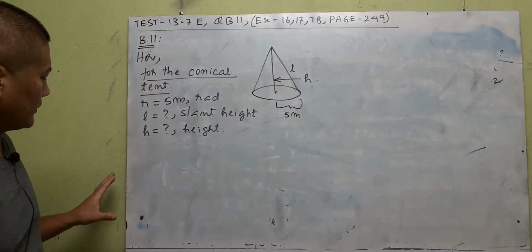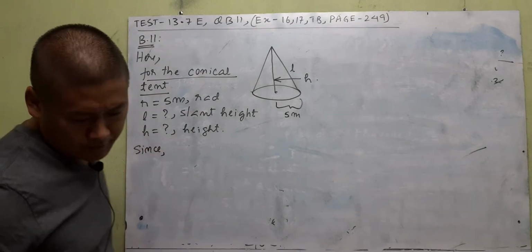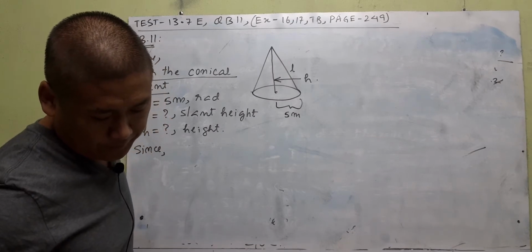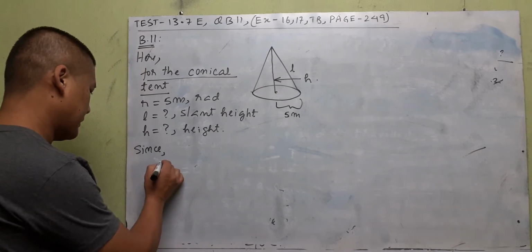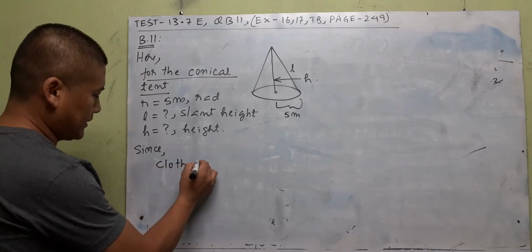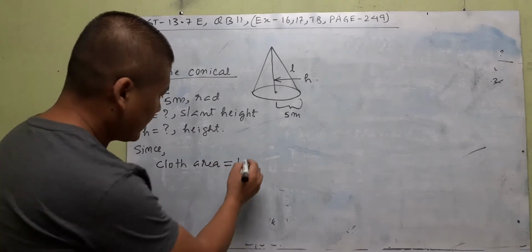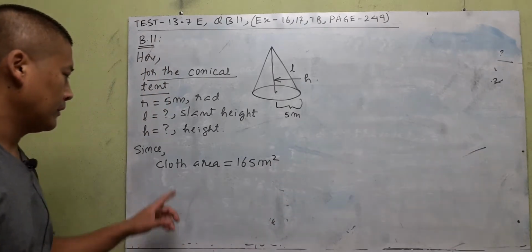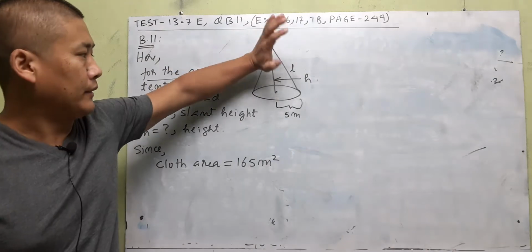Okay, so for that, we have some information that is given as a clue in the question. That is, go back to the question. And the first sentence: a cloth having an area of 165 meters square. So cloth area is given to us, 165 meters square, right? Now this cloth area has been changed into the shape of this conical tent.